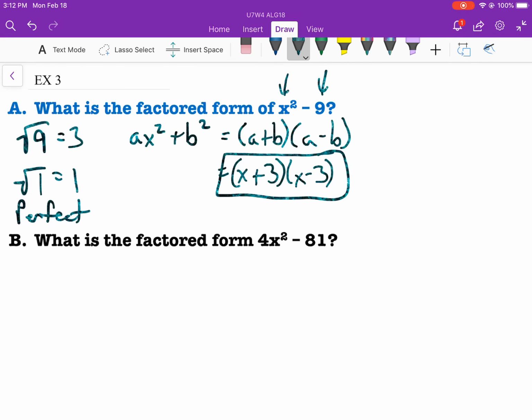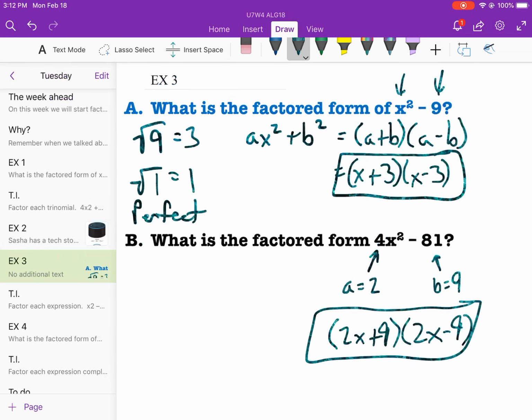Same thing. A value is 2. B value is 9, taking the square root. You have x. You have 2x plus 9, 2x minus 9.